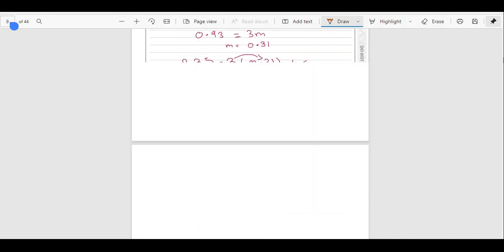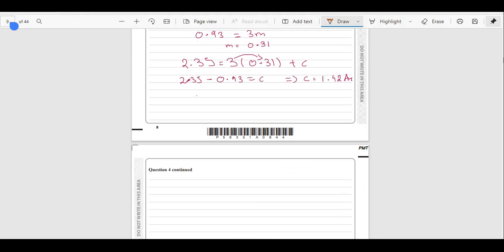So we had h equals mt plus c. So this is going to give us h equals 0.31t plus 1.42. Okay, so any questions so far?